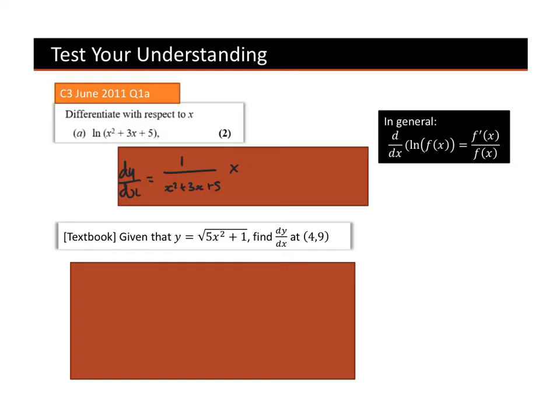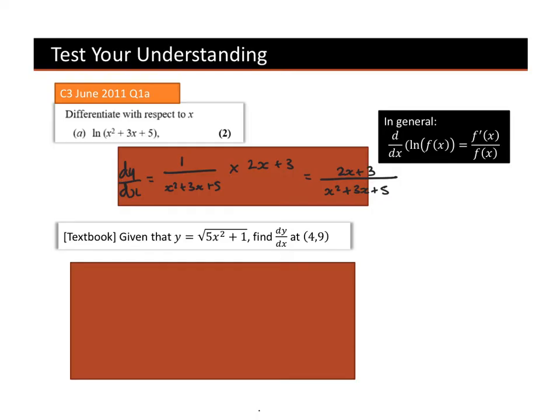X squared differentiated is 2x, 3x differentiated is 3, 5 differentiated is nothing. And then I can simplify that: 2x plus 3 over x squared plus 3x plus 5. Okay? There is a rule that you can remember here in general, but I always think it's good to just understand what to do.